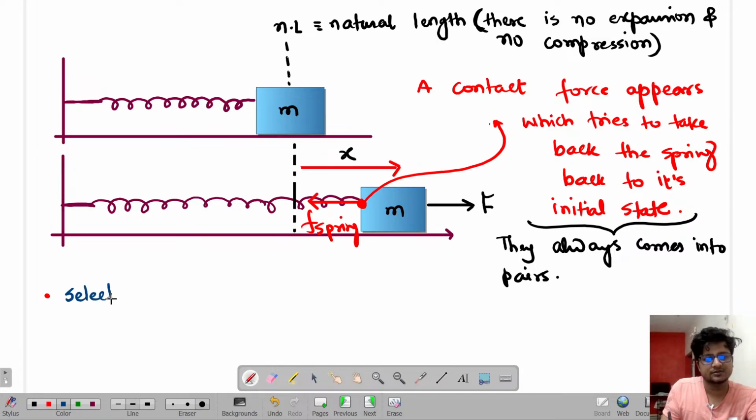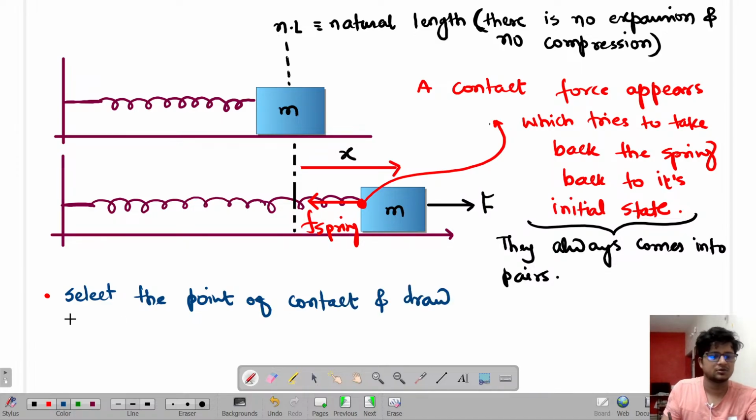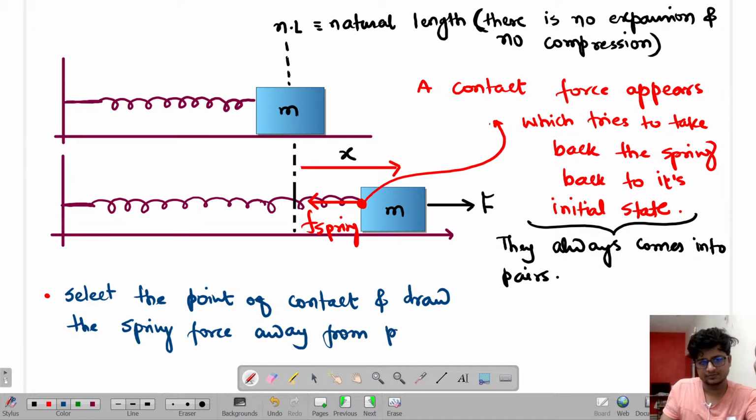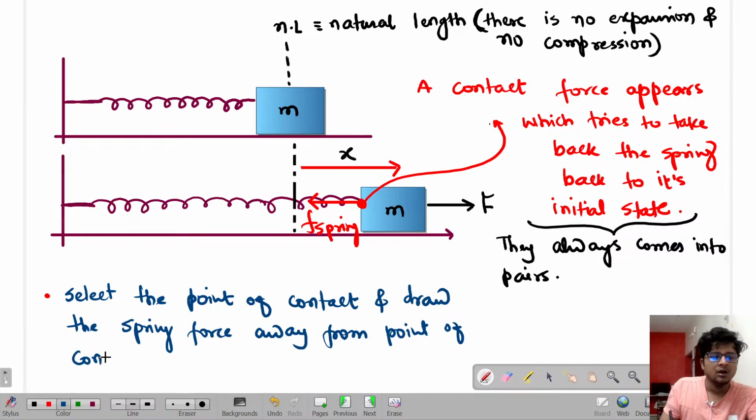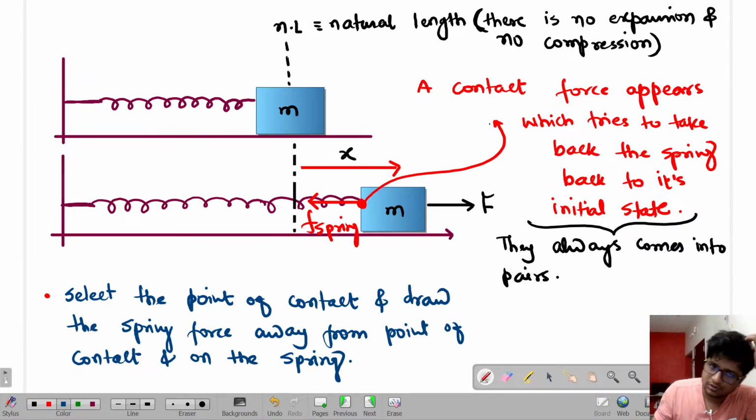Select the point of contact and draw the spring force away from the point of contact and on the spring. Always. How are you going to draw spring forces? Always away from the point of contact and towards the spring, or on the spring.